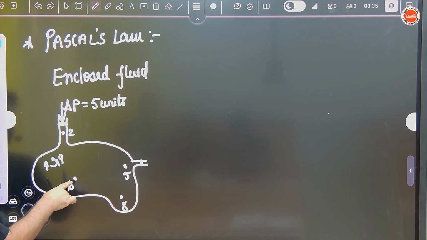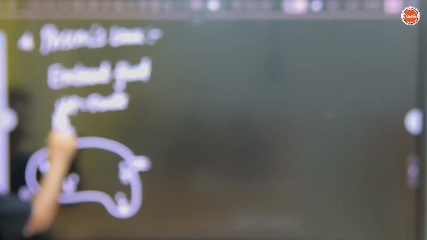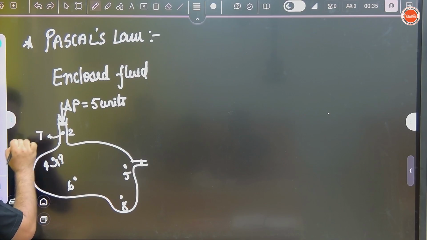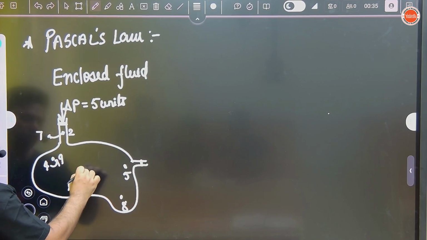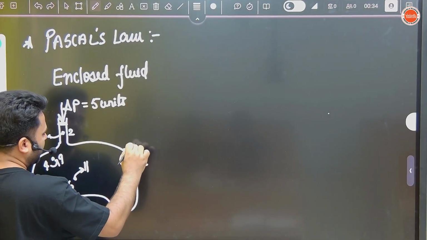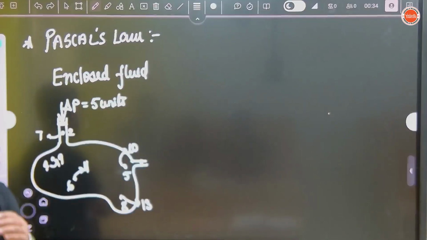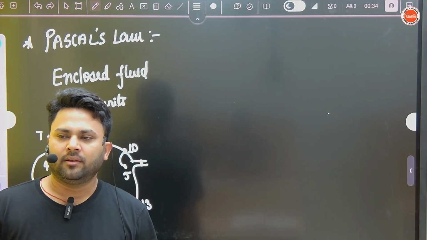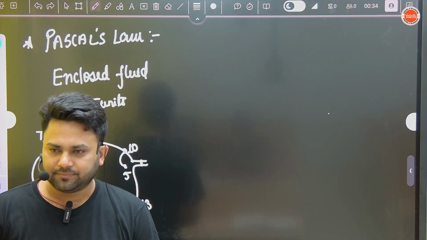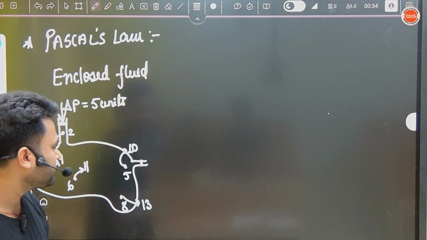The pressure at this point will become from 2 to 7. 6 to 11. Here 5 to 10. Here 8 to 13. Means the extra pressure will travel undiminished in all directions. Without being wasted, in all directions extra pressure will be added.